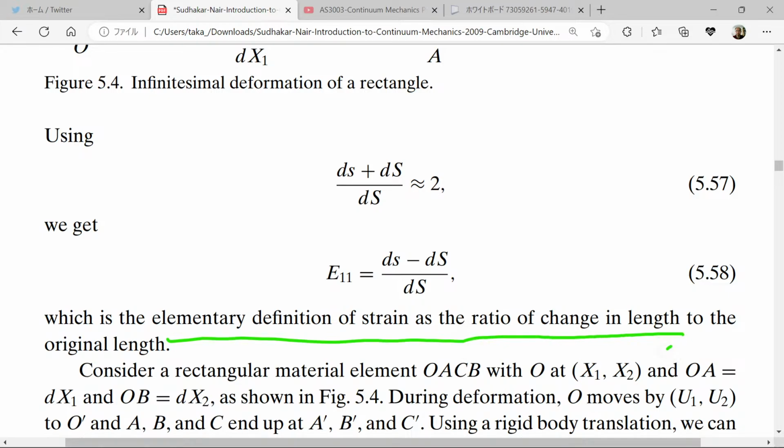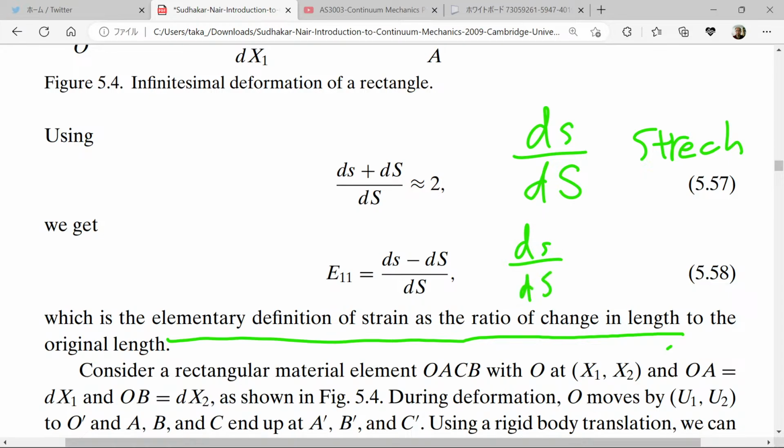Okay, strain, because this is stretch. But then this is extension, right?